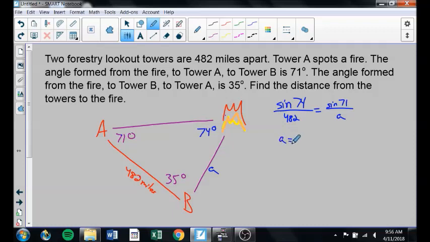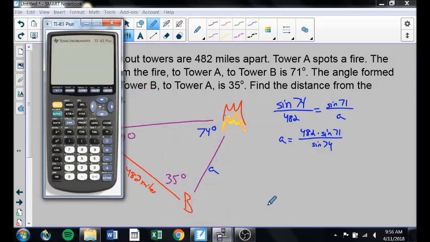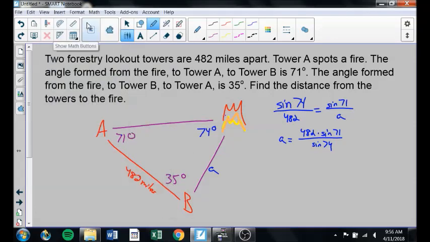So A is going to equal 482 times the sine of 71 over the sine of 74. Make sure to close parentheses correctly. Order of operations, 474 feet. Or miles.